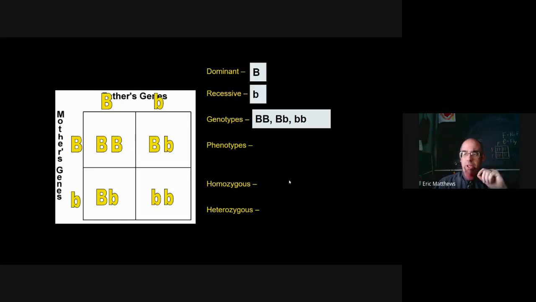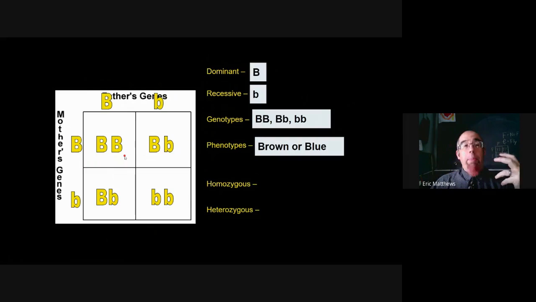Now, we haven't really talked about this, but what phenotypes would we see? Well, this one, and this one, and this one would all have the same phenotype. All three of these would have that dominant phenotype. Our example that we've been using is for eye color before break, so I just continued on with that here.